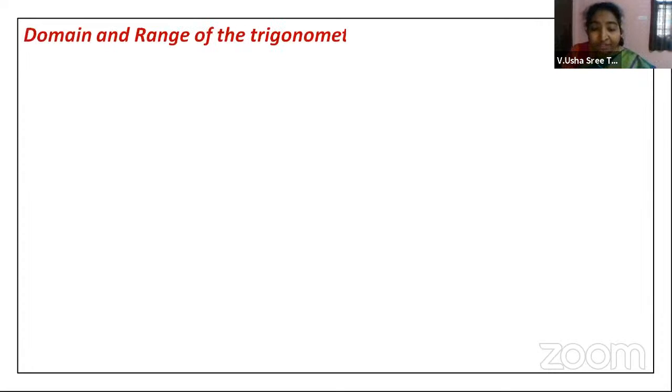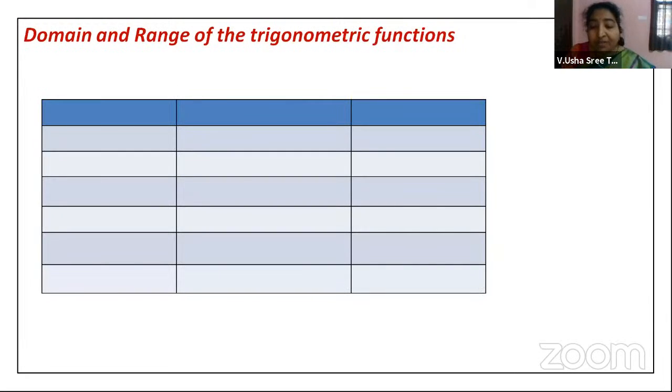Okay. Now, quickly, we will try to see what we have discussed in the form of a table, the domain and range of the 6 trigonometric functions. The functions, domain and range, all these things we have seen in our topic functions. When I was discussing the domain and range, we kept certain things in mind when finding the domain of the given function.